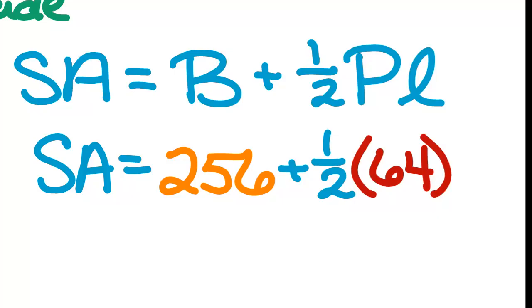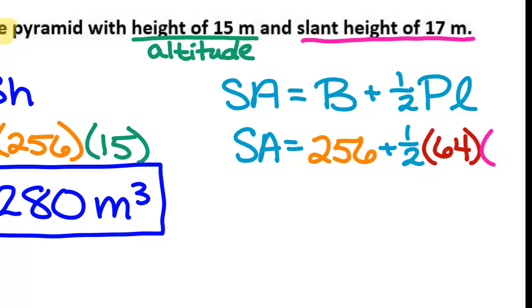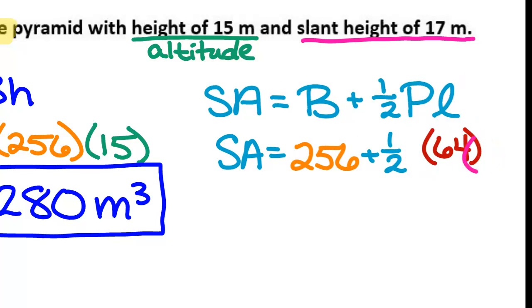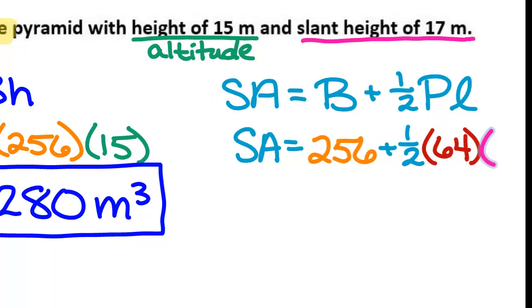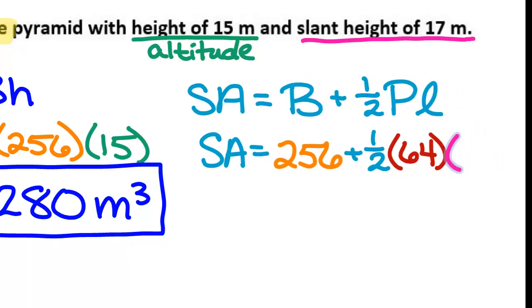Times our slant height. What was our slant height? 17. I need to scoot all this over just a little bit. Not quite enough room to input my 17. There's a 17.